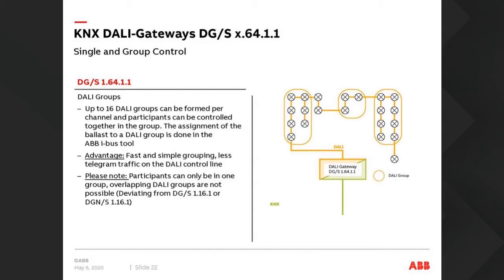All the ballasts will hear this, and any ballast that's assigned to group 2 will turn on immediately. So that's an advantage of this side: you can turn groups on and off very fast. You don't have the Mexican wave that you get with the KNX grouping. However, you're limited to 16 groups. That's the downside, so it's just one thing to be aware of.